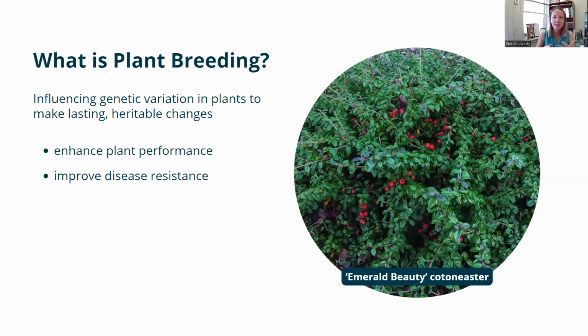So he created this new cultivar, which is more compact, but it also has improved resistance to a disease called fire blight, which is a bacterial disease that's really difficult, especially in Oregon and other parts of the Pacific Northwest. And so this particular cultivar that he patented and created, and he spent years and years breeding this out in the field and in the lab, is able to resist this disease.